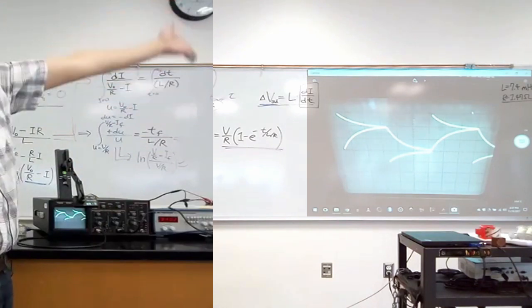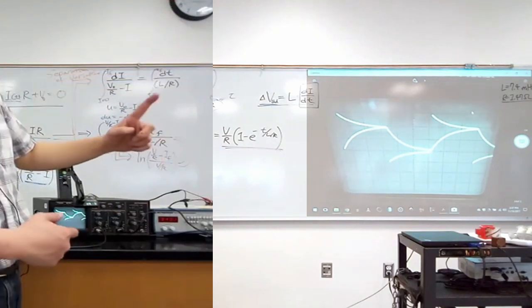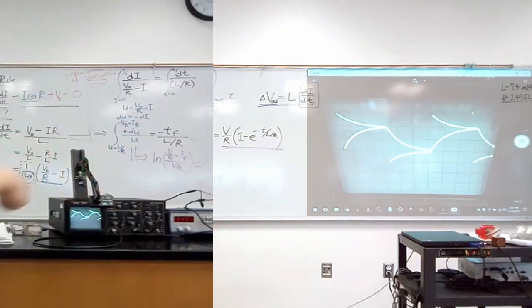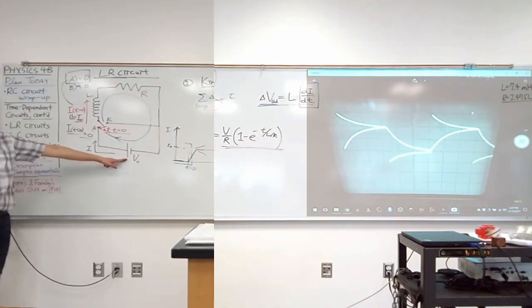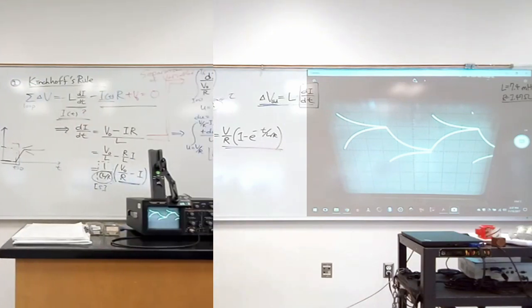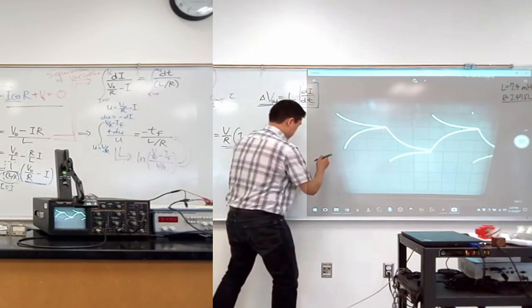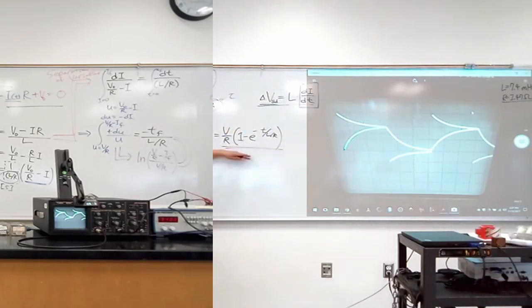The left edge of the screen is time equals 0. That's where it triggers on the rising edge. So that's where my applied voltage went from 0 to a positive value. And what you see here, does this curve look like it will be described by this?